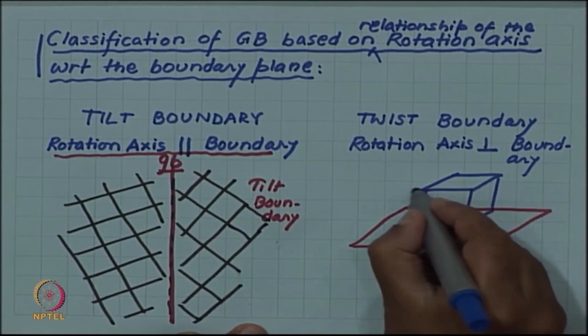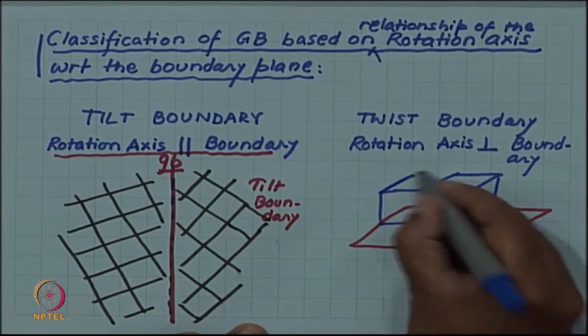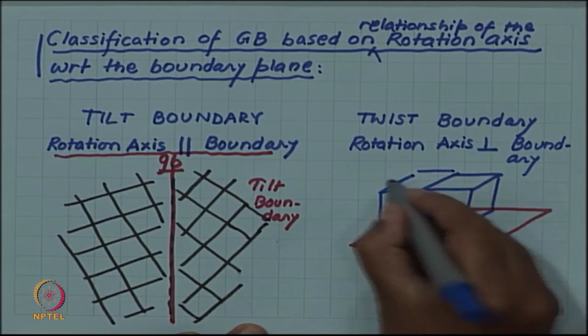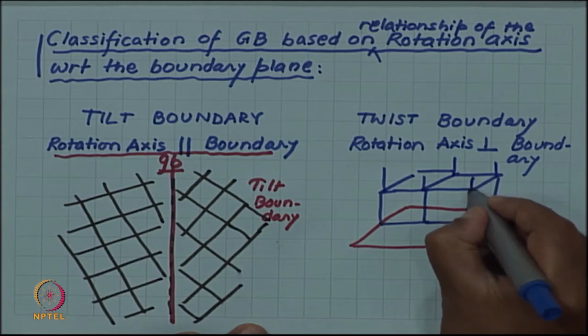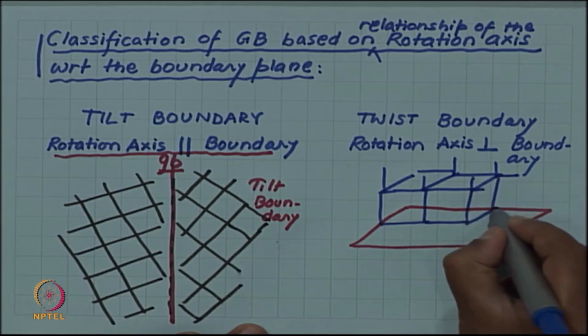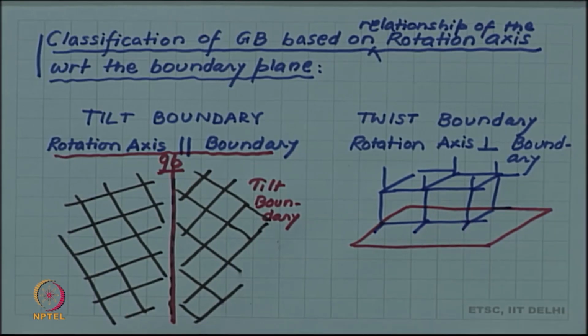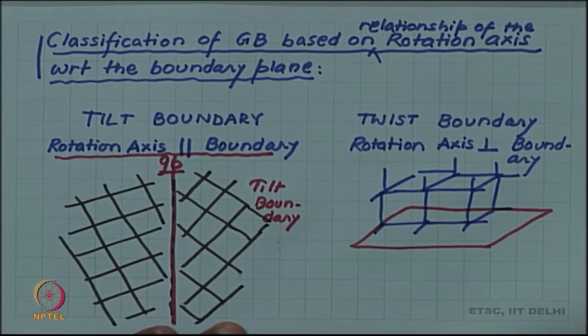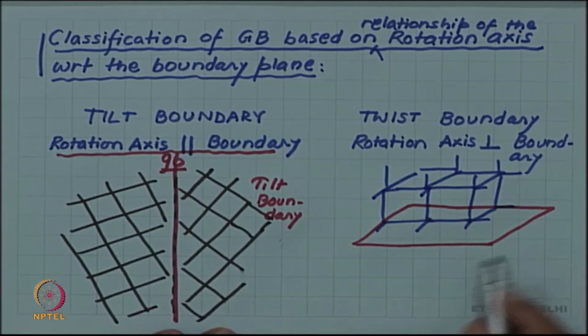I am drawing only one unit cell, but of course, you can extend in your imagination and think of many unit cells in all possible directions. But the orientation is like this.